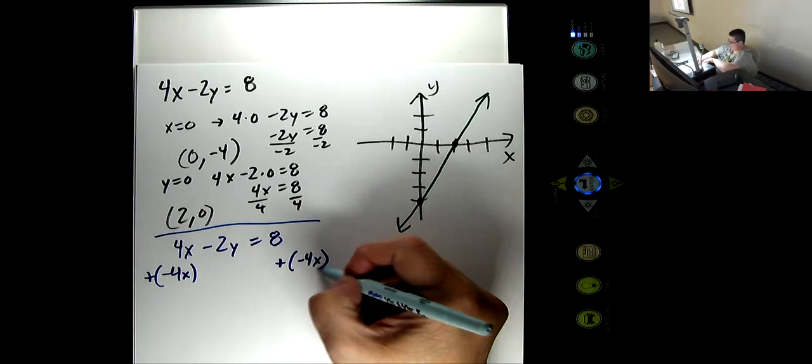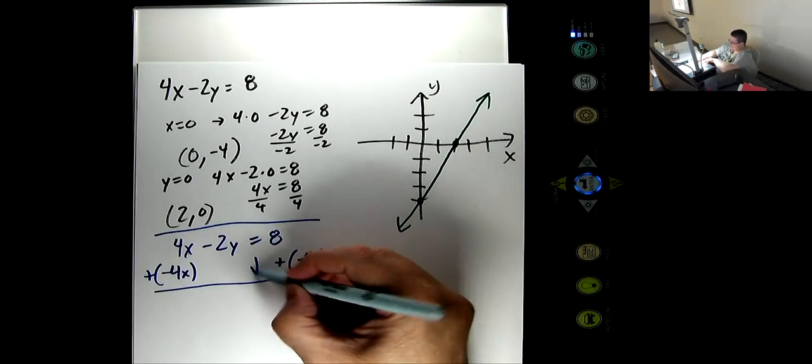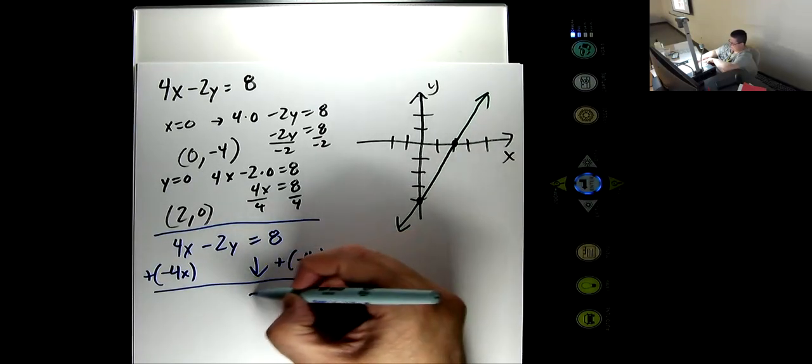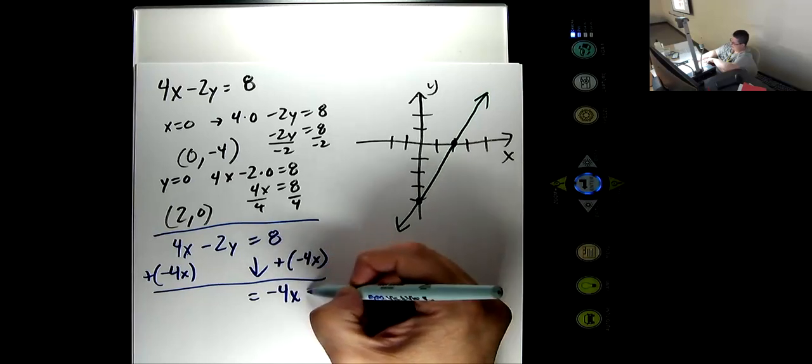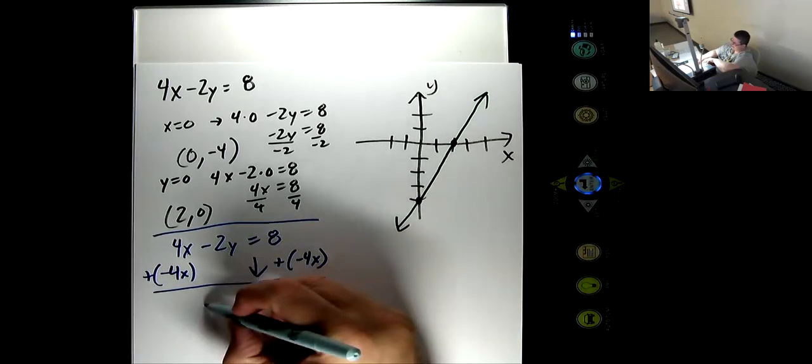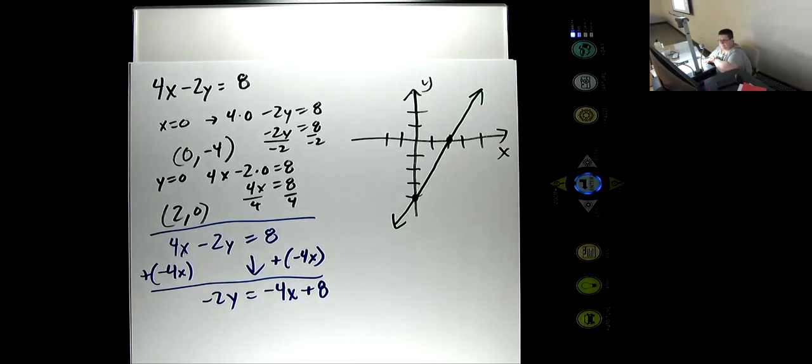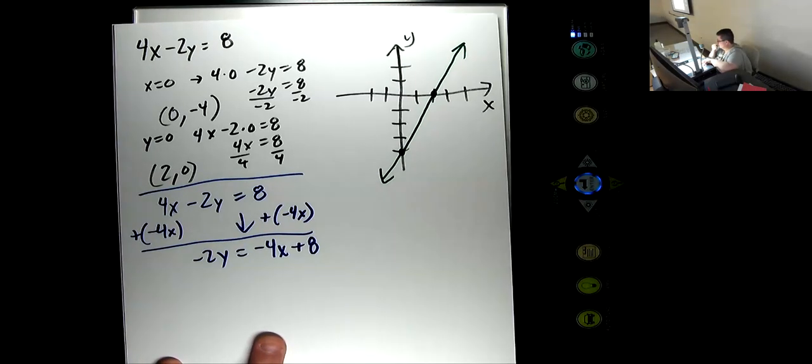That might make it a little bit easier to see that since I'm adding them, it doesn't matter which order I put them in. So I put the x one first. Subtracting is the same thing as adding the negative. That does the same thing.